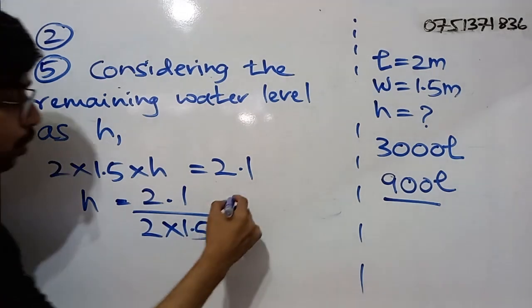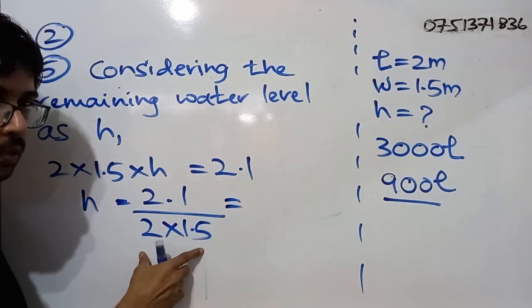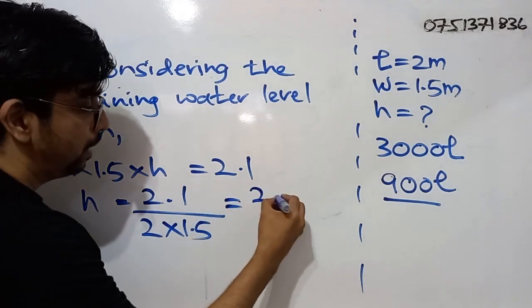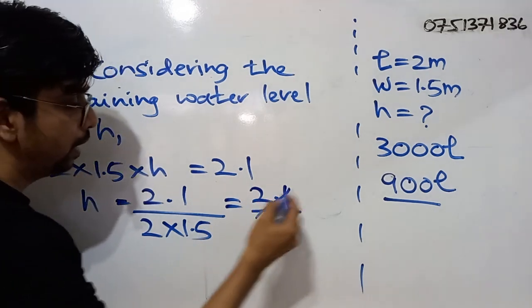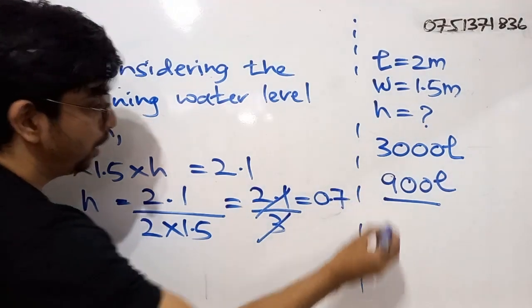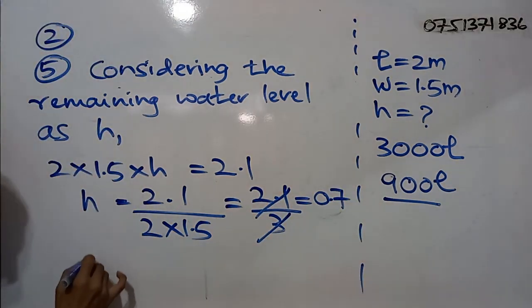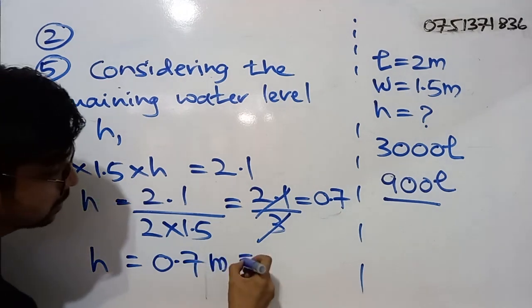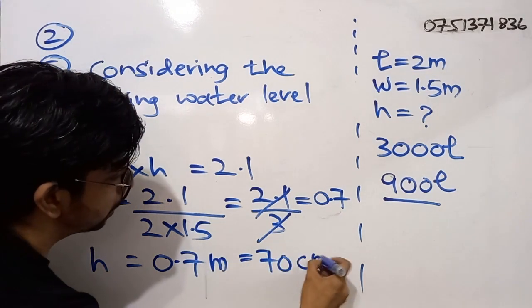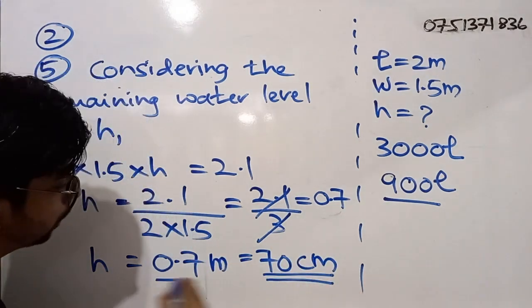Right? So we know 2 into 1.5 means what? 3. So that means 2.1 we have to divide by 3. So when we divide this, what do we get? 0.7. Right. So h will be 0.7 meters. That means it will be 70 centimeters. Both answers are correct.